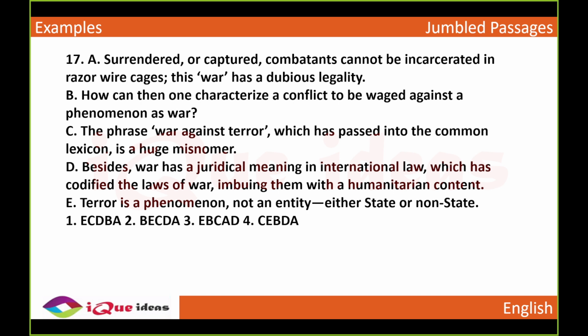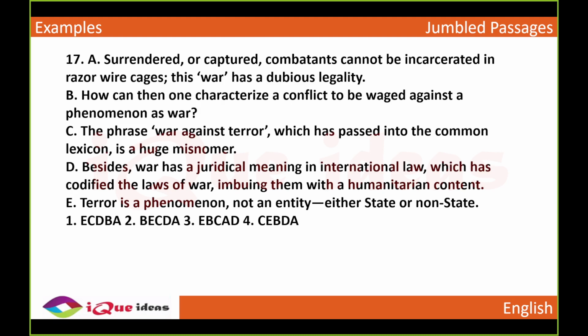Terror means dahshat. Terror as in terrorist. Phenomenon.